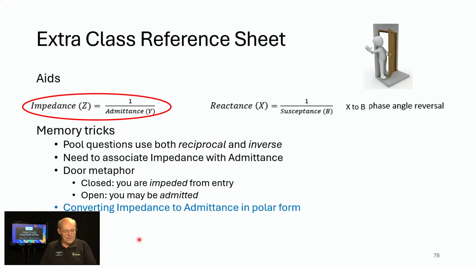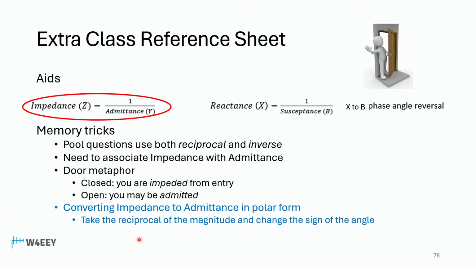Now, converting impedance to admittance in polar form. This sounds really hard, but I'm going to try to help you with some memory tricks to do it. Converting impedance to admittance, you take the reciprocal of the magnitude. This is the impedance, so whatever value that is, 20 ohms, the reciprocal is the admittance.